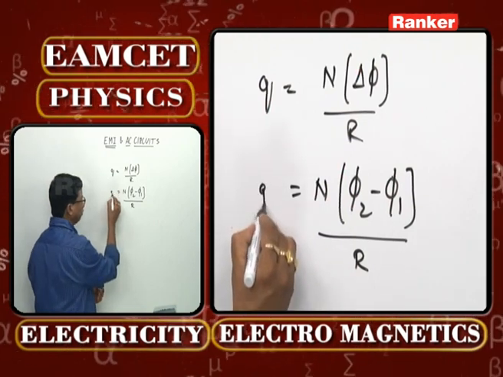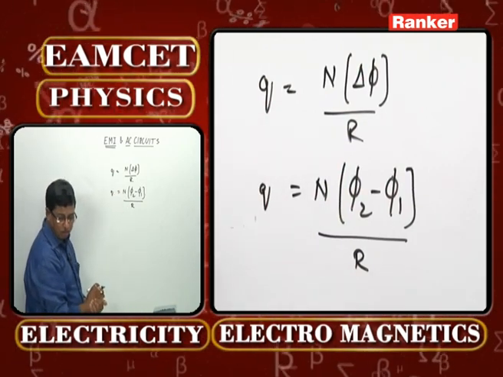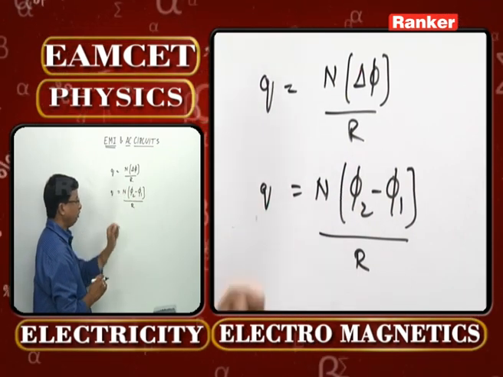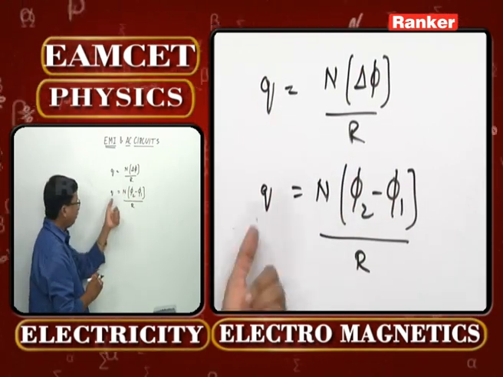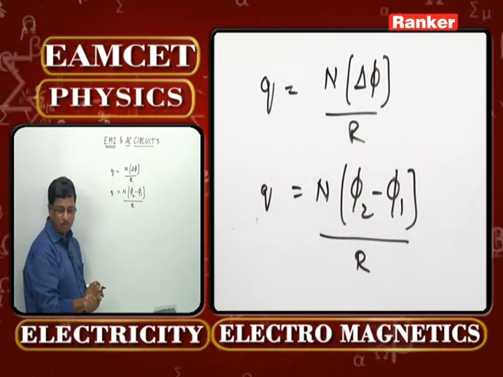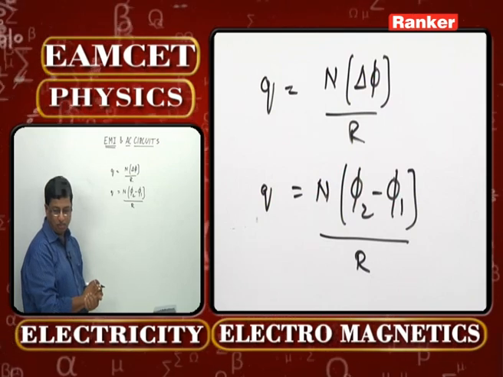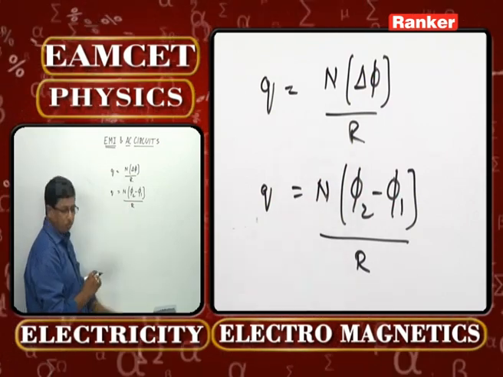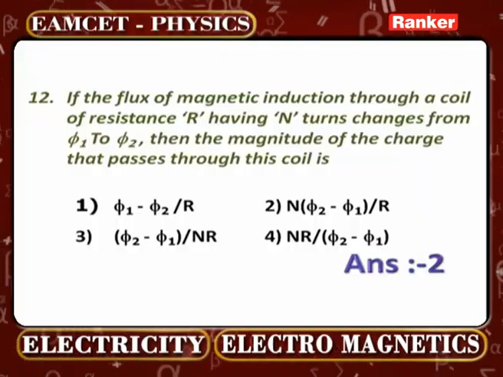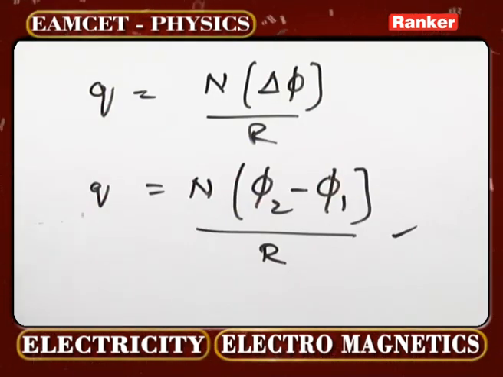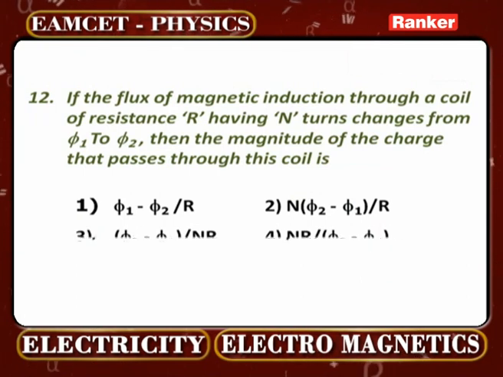So the charge that passes through this coil is n times (phi2 minus phi1) by R. Charge is inversely proportional to resistance in this case and directly proportional to the change in magnetic flux. That is a point you have to remember. So the second option is going to be the answer. In fact, it is more like a formula one should remember.